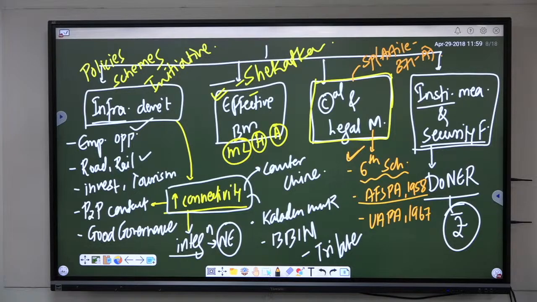Second, effective coordination between central, state and paramilitary forces. Next is capacity building, etc.